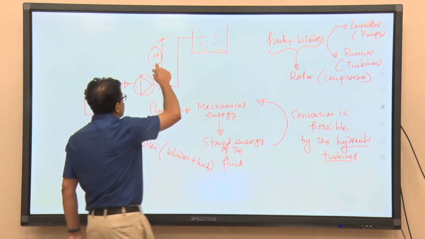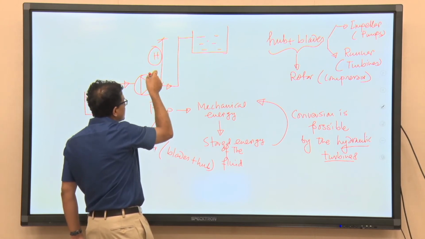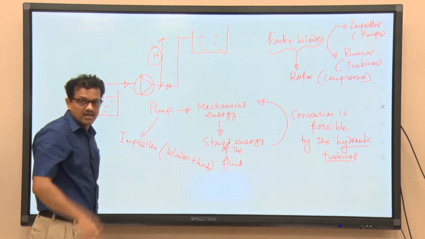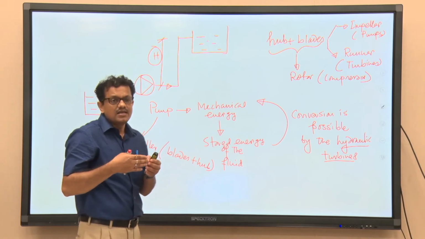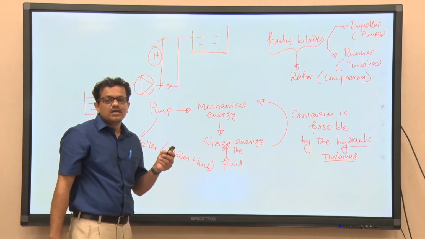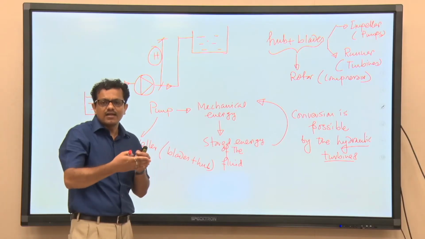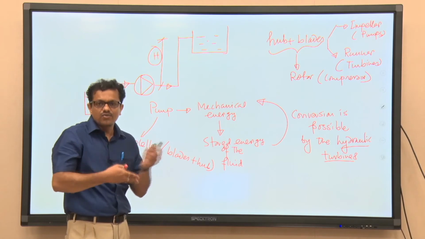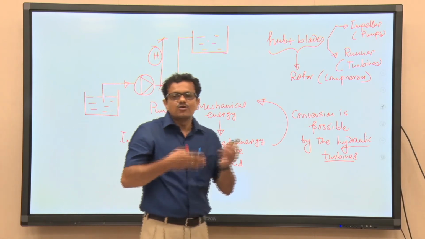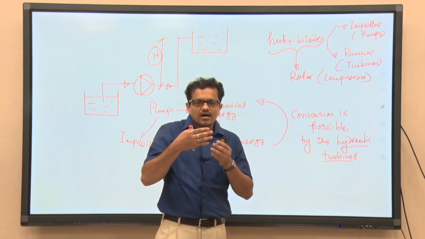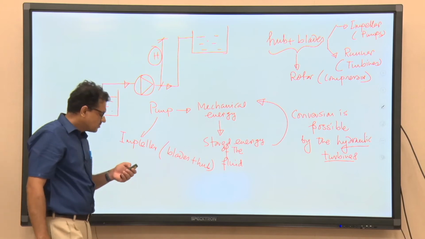So, higher this H, we will get higher energy at the inlet to the turbine, that is pressure head, and then that head can be transferred into the kinetic energy of the runner. Higher the head, higher will be the kinetic energy, and the power output, that is the electricity produced from that plant, will be more.